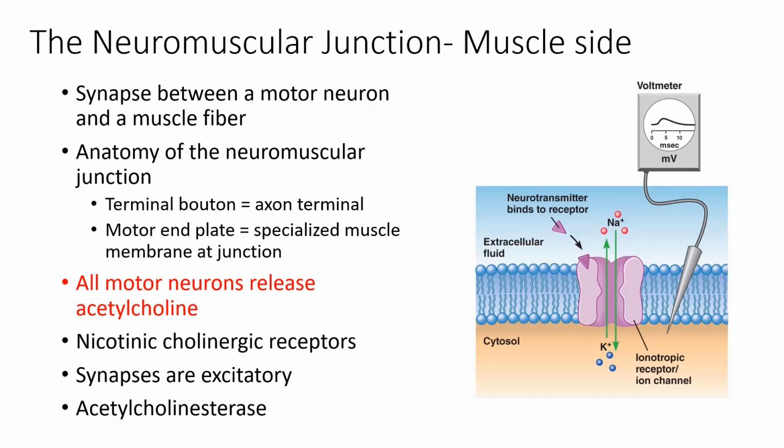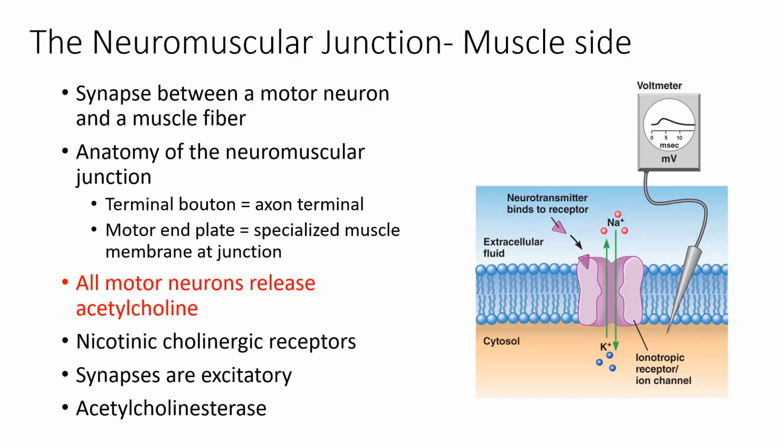We can also refer to the junction where we synapse onto the muscle as the motor end plate. It's a highly specialized junction in that we see a tremendous amount of folding, which increases the surface area of the skeletal muscle on the adjacent side, and that is referred to as the motor end plate.